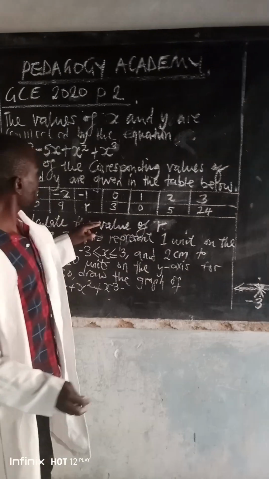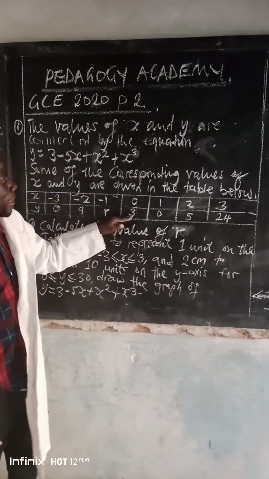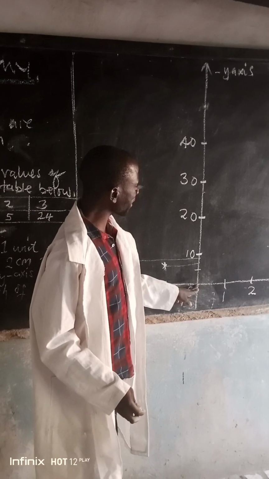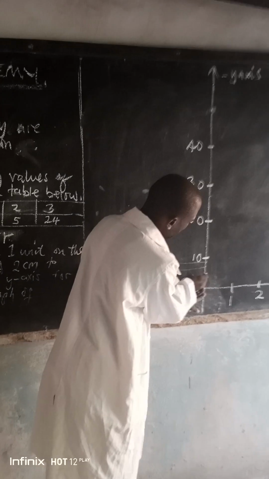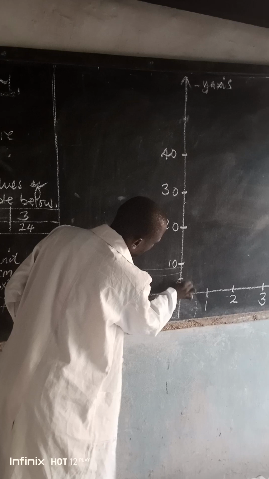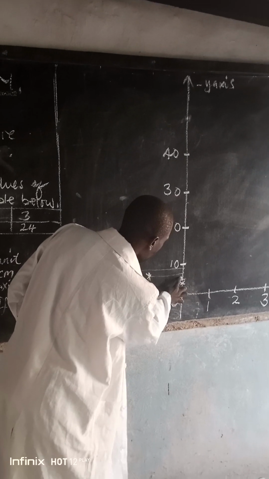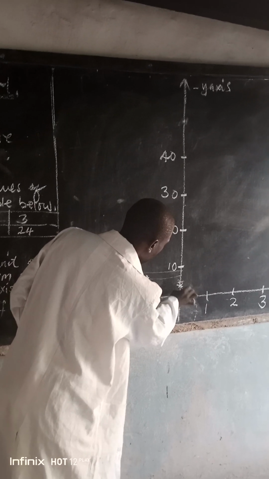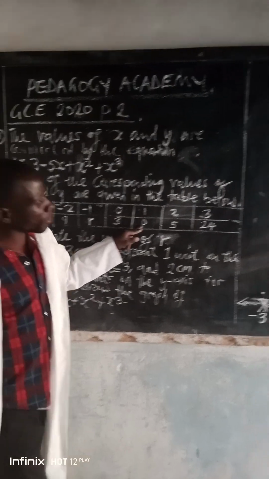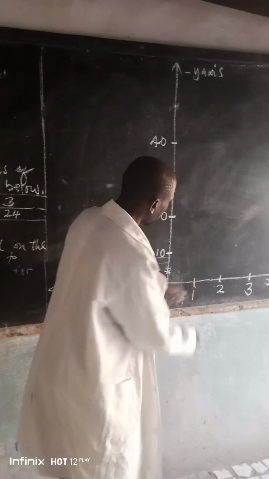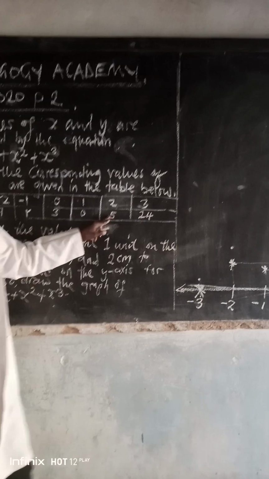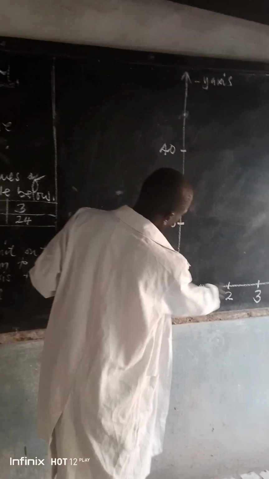And then we have 0 comma 3, which means you go up there. We assume 5 is here, so 3 is just below there. Here, 0 comma 3. Okay. 1 comma 0, positive 1 comma 0, is here. 2 comma 5.